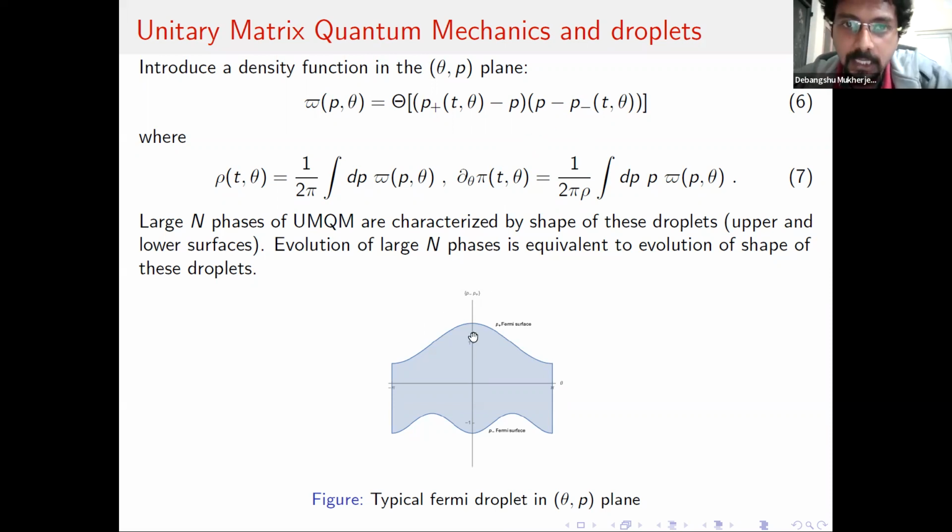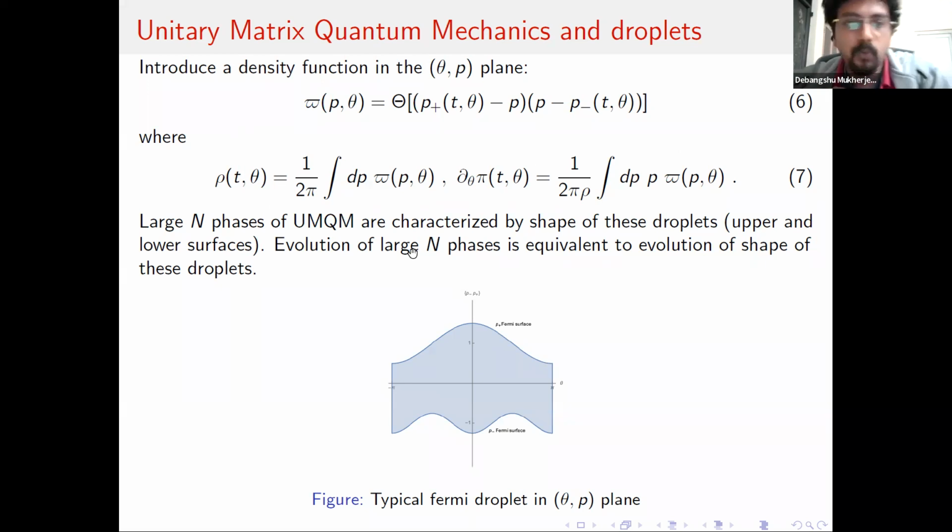In this picture, p plus of t and theta is precisely the profile of the upper Fermi surface, and p minus is the profile of the lower Fermi surface. As long as p lies within, it gets support. This is how rho is defined: it's the integral of this density, and the flux of pi turns out to be the first moment of p, which is what you would call the momentum.